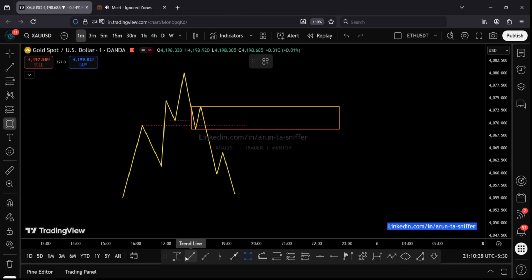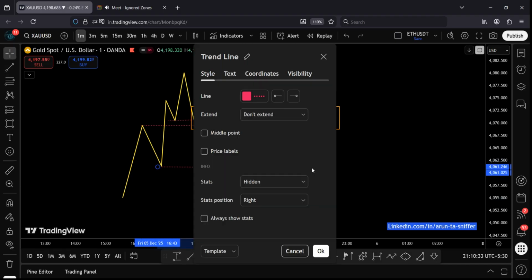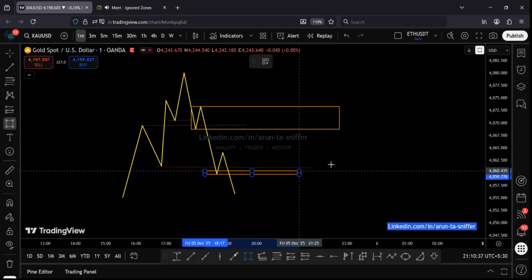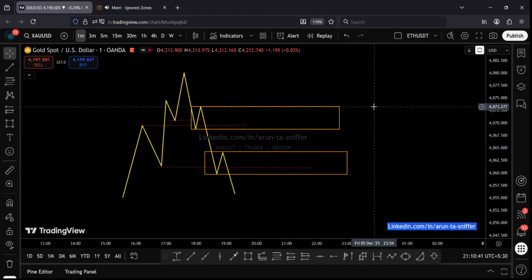When price comes and breaks this low, this zone is created like this.